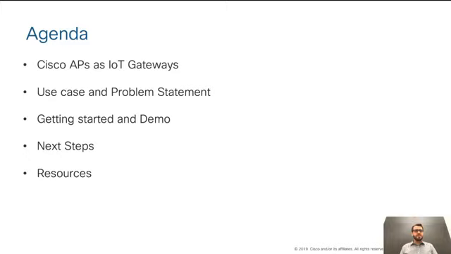I'm going to give you an example about our use cases and the problem statement, and give some instructions on how you can get started, a demonstration, and the next steps and resources that you can look for so you can achieve the use case that you have in mind.